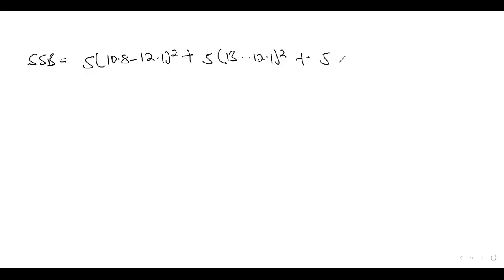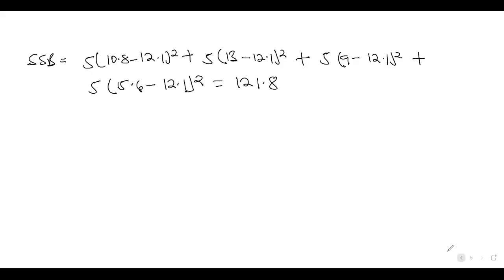Then the third group, the sample size is 5. The mean of that group is 9 minus the grand mean 12.1 squared, plus the last group, whose sample size is 5, and the mean of that group is 15.6 minus the grand mean of 12.1 squared. All right. So when you do this, you are going to have a sum of squared between of 121.8.